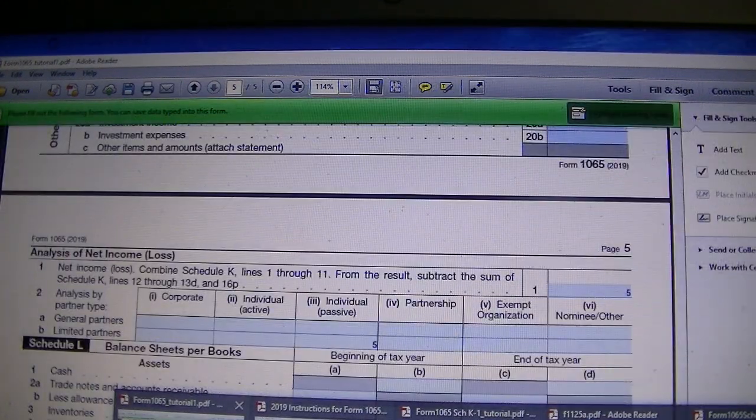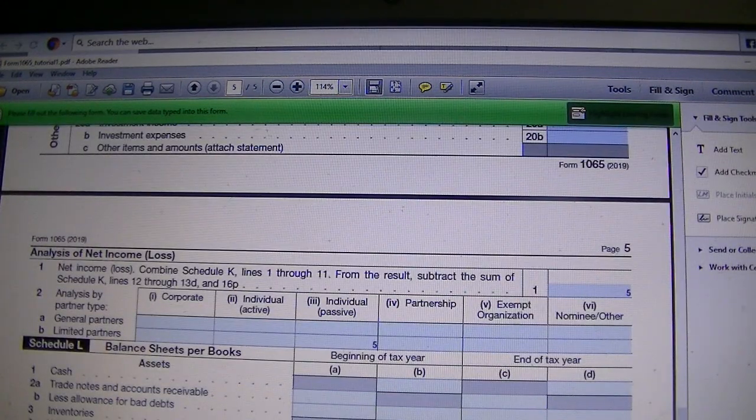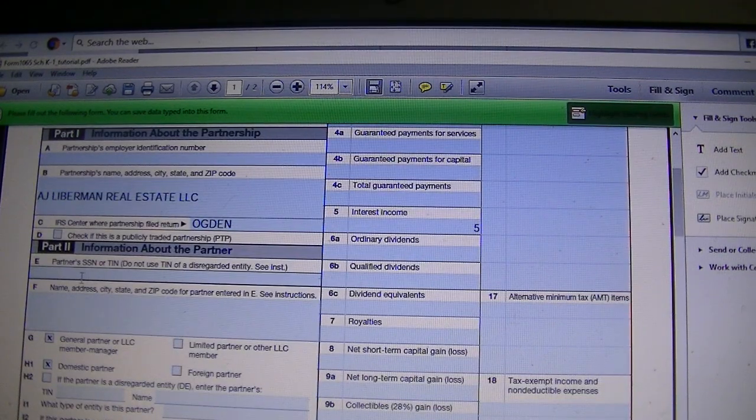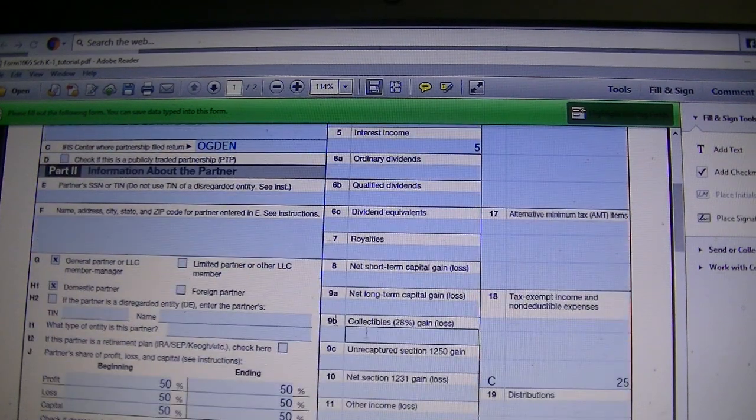So, you will put where it is going there, the partner's social security number, the partner's name and address. And if that's a member managed LLC, because you are managing it yourself, you'll fill up G. But if you have somebody to manage it for you, that's a manager managed LLC, so you will fill up this one instead.